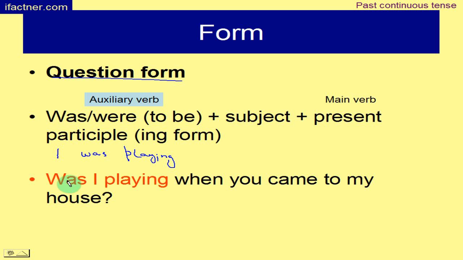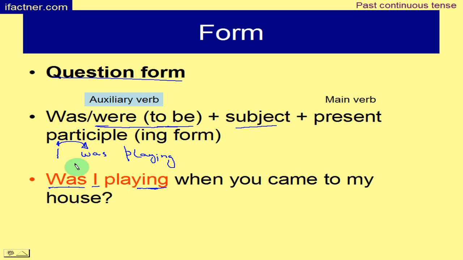But to form a question form, we interchange the subject and the auxiliary verb. So now, first I have got the auxiliary verb, was or were, the second form of to be, then I have got the subject, and then we have got the present participle, that is the ing form of the main verb.